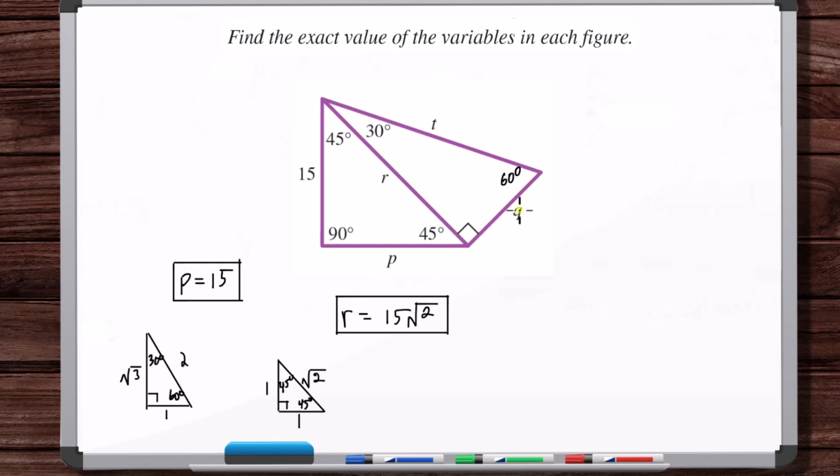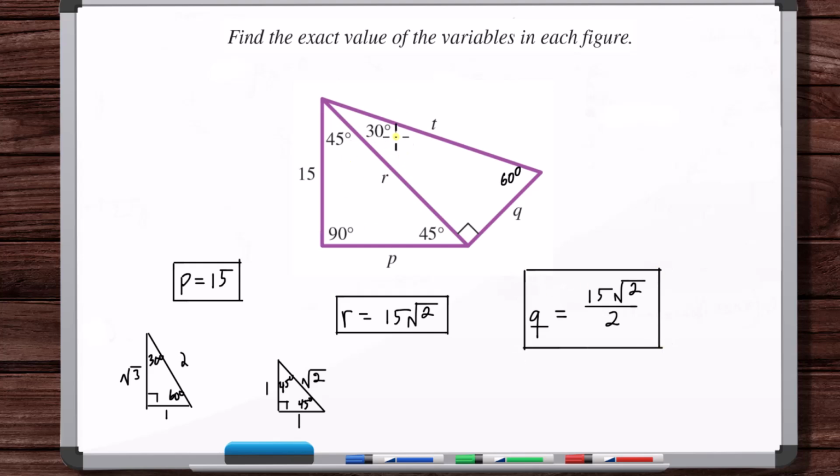So now Q and T, let's just use the proportions. We know that the leg that's connected to the 60-degree angle of a 30, 60, 90 right triangle is going to be half the hypotenuse. So that means Q is going to be half of R. That's 15 root 2 divided by 2.